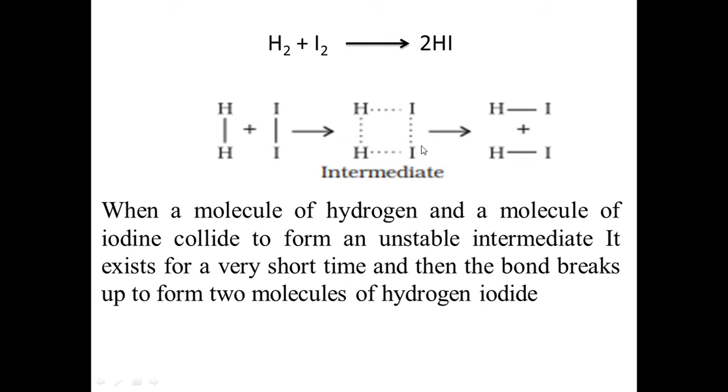In that intermediate, there is a formation of weak bonds or partial bonds between hydrogen atoms and iodine atoms. After that, bonds break to form new bonds between hydrogen and iodine atoms, forming two molecules of hydrogen iodide. This intermediate will exist for a very short time.